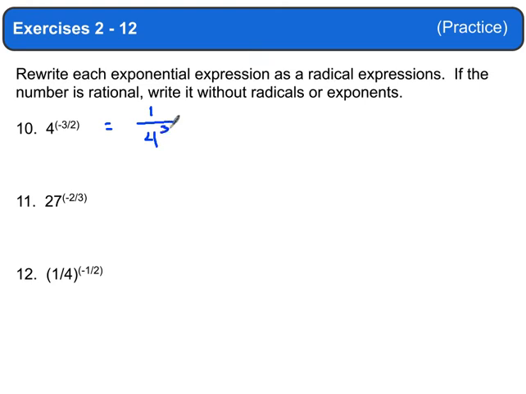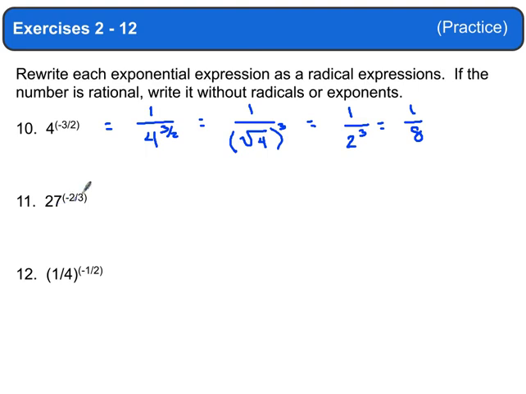So 4 to the 3/2. Now I have a positive exponent. And so it's going to be the square root of 4. And because 4 is a perfect square, I'm going to put that 3 on the outside as opposed to the inside. So the square root of 4 ends up being 2. So now we get 2 to the 3rd power. And 2 to the 3rd power is 8, so the answer is 1/8.